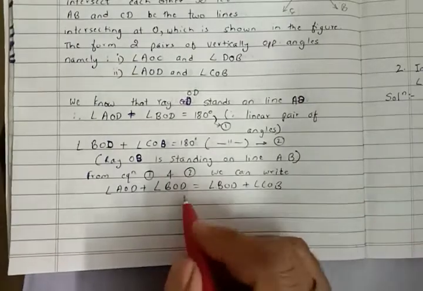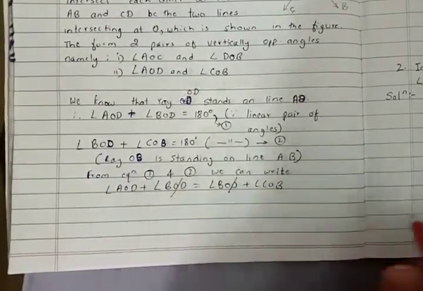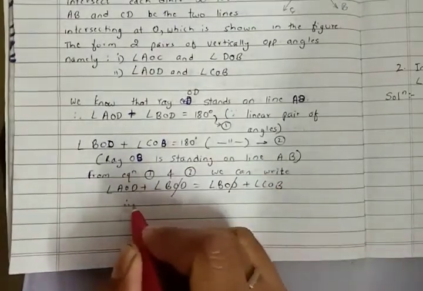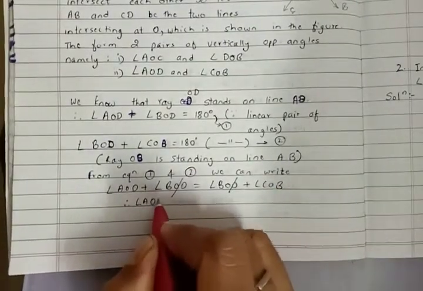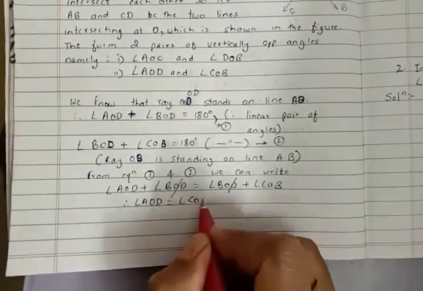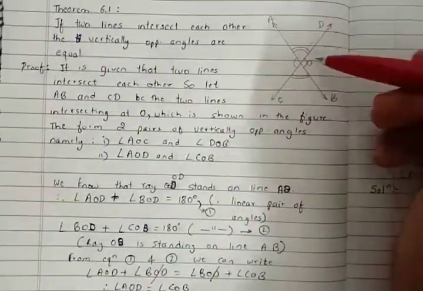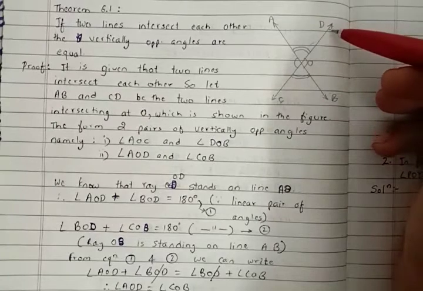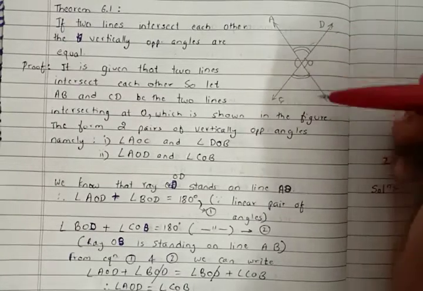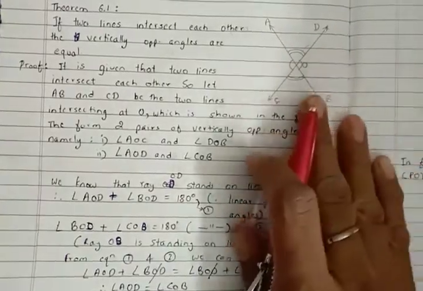Right? Now this BOD and this BOD will get cut. So therefore angle AOD is equal to angle COB. So we have proved that the pair of opposite angles AOD is equal to angle COB. Understood? So now let's try to solve exercise 6.1.